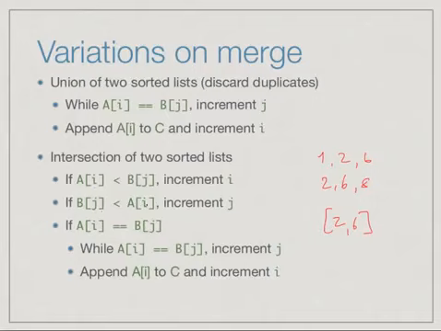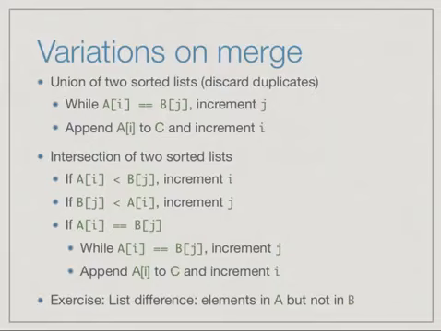So merge can be used to implement various combination operations on lists. It can be used to take the union of two lists and discard duplicates. It can be used to take the intersection of two lists. And finally, as an exercise to test that you understand it, see if you can use merge to do list difference. So list difference is the following operation. If I have, say, 1, 2, 3, 6 and I have 2, 4, 6, 8, then list difference is all the elements in the first list which are not there in the second list.